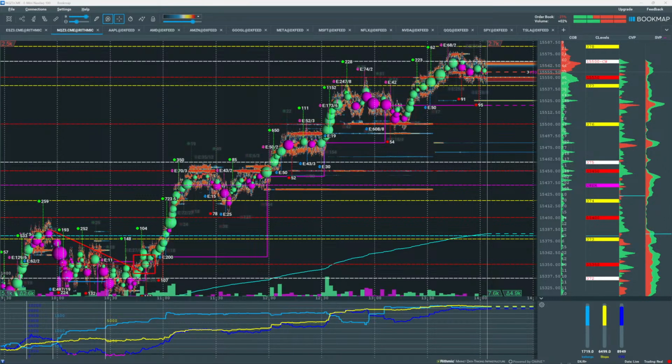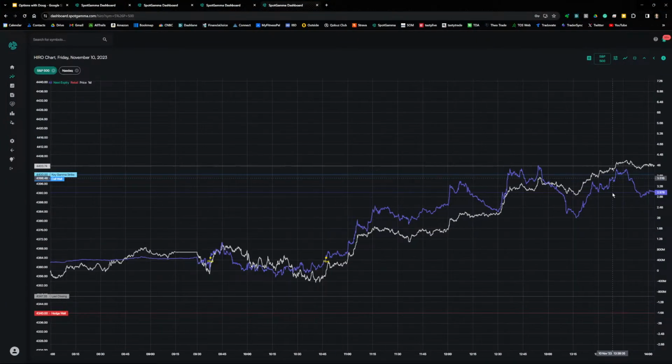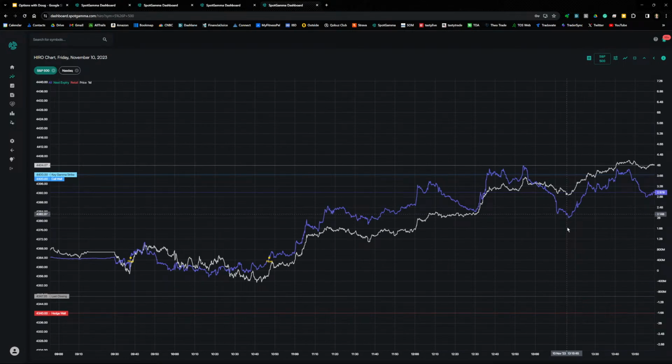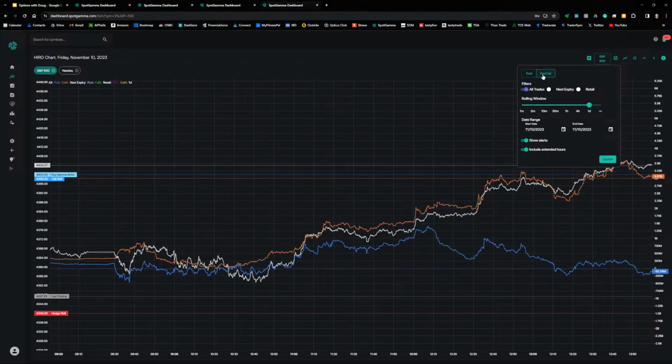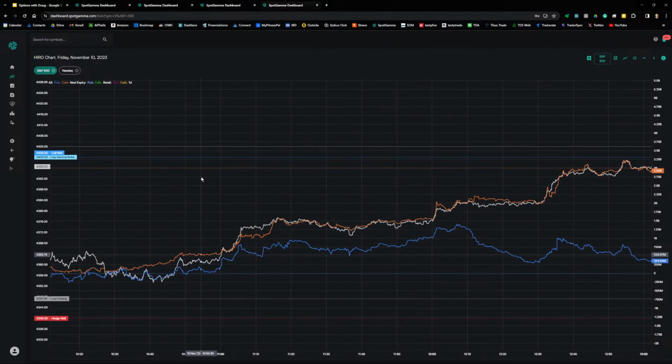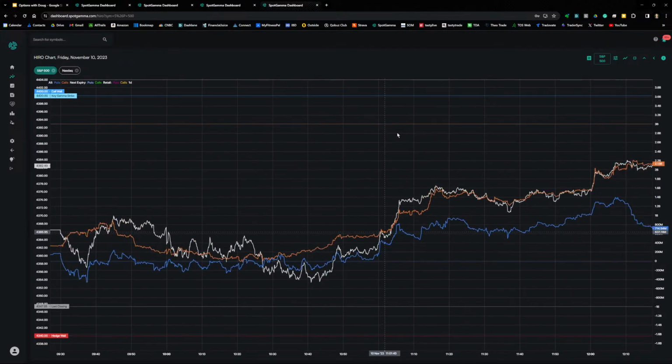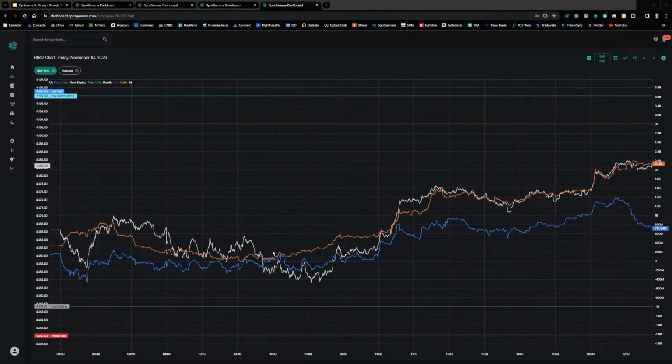All right, let's take a look and see what options traders are doing. First of all, for the S&P 500, one thing I want to do before I go to the Nasdaq is slice and dice this a little bit. And this may not last long. So you can see the rising orange line: traders started buying calls around 10:30.